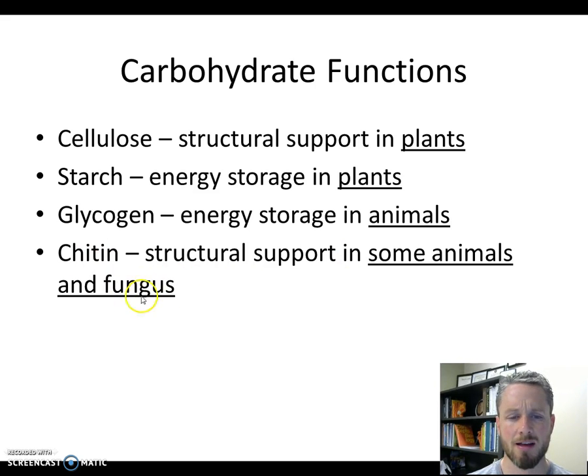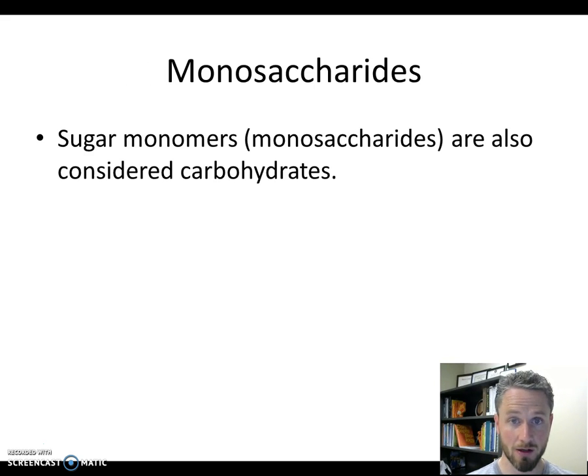And then fungus, they use chitin in their cell wall. But for our purposes, we'll just say chitin is structural support, again, in some animals, and then fungus. All right, so those are the major points of carbohydrates, what the functions are, what the monomers are, right? Sugars connected together into long chains, and then some examples and their function.